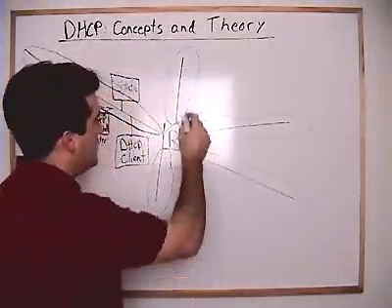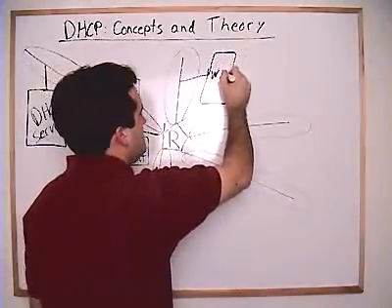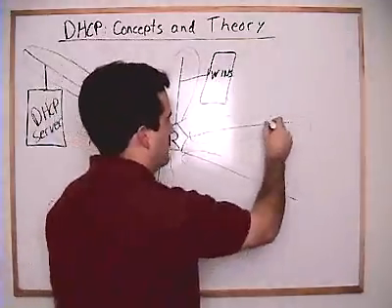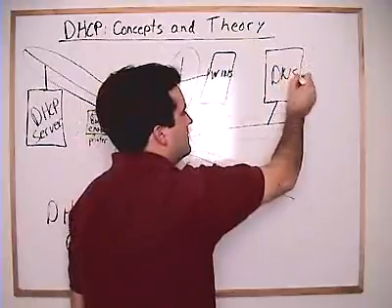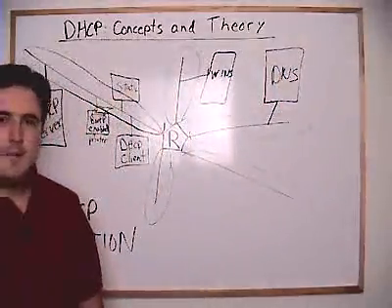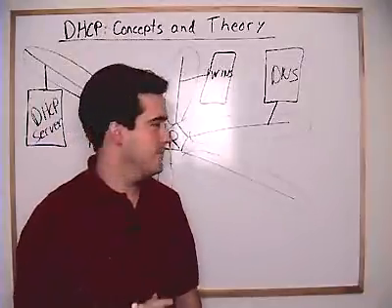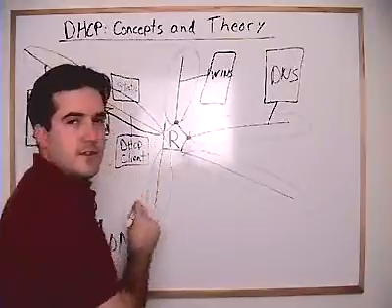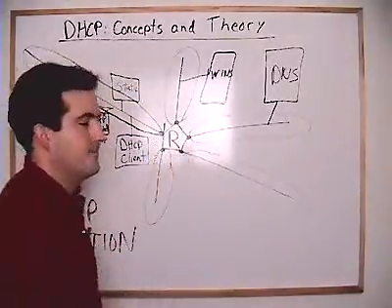Now we've got one WINS server, and it exists right here. We've got one DNS server, and it exists right here. But every single network segment has its own default gateway. Default gateway for this network segment, default gateway for this network segment, and so on.